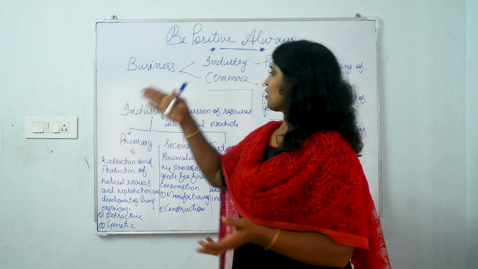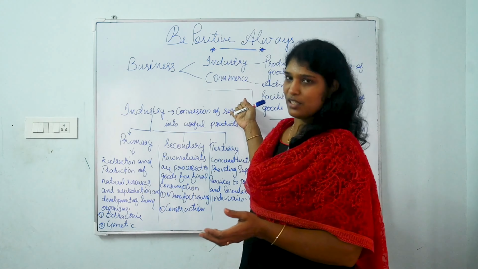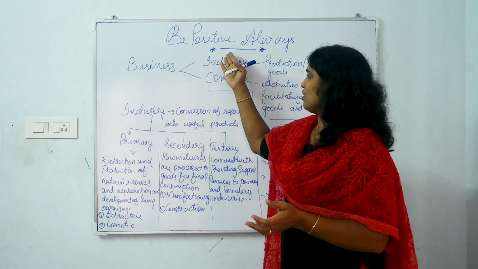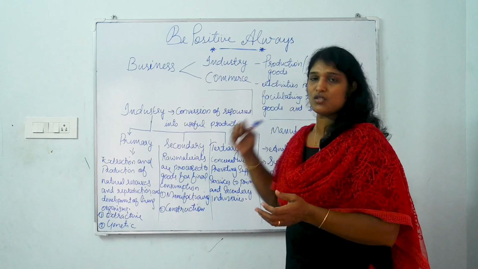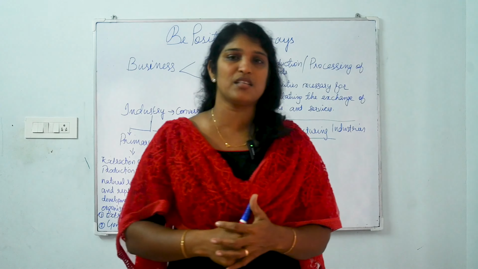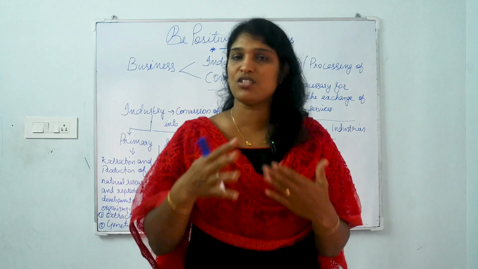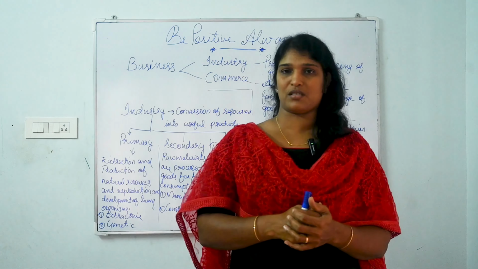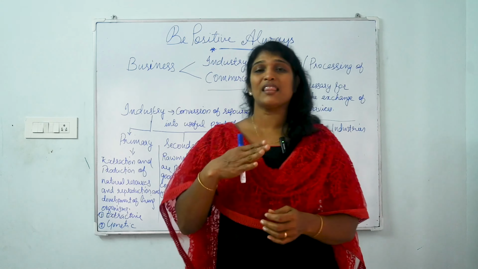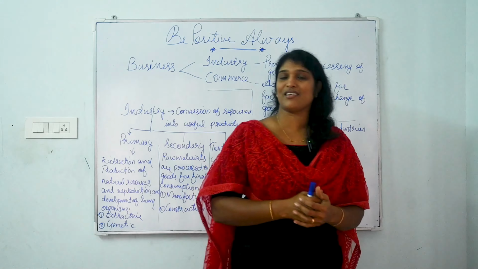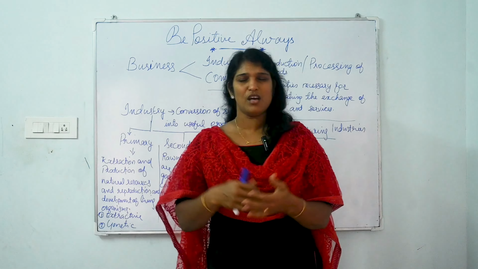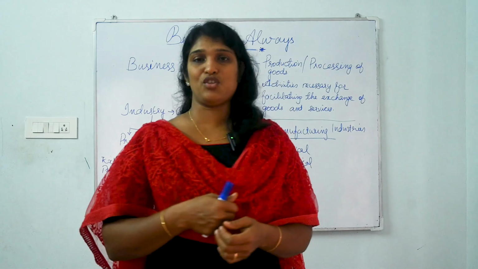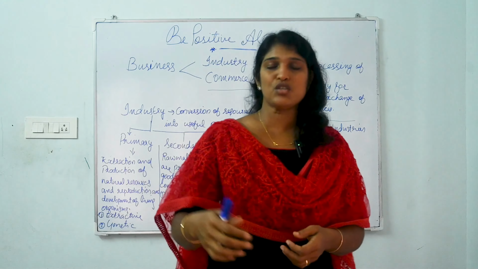Then the other division is commerce. Business is classified into industry and commerce. So what is commerce? Commerce is concerned with the various activities that facilitate the exchange of goods and services, for example transportation, communication, warehousing, insurance and so on.